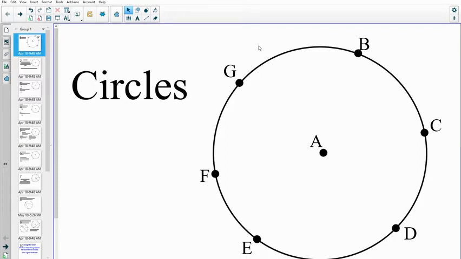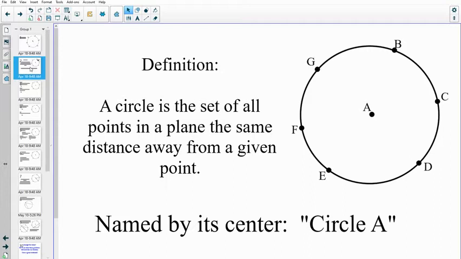We'll get through some new terms and definitions for circles. First of all, the definition of a circle, and this is something that came up previously, back when we were actually in the same room with each other: a circle is a set of all points in a plane that are the same distance away from a given point, which seems like a long definition. Isn't a circle just something that's round? But what does round mean?